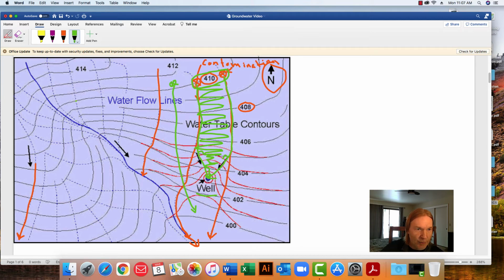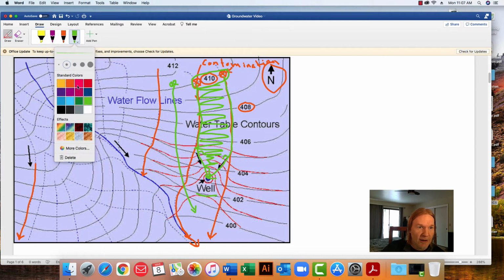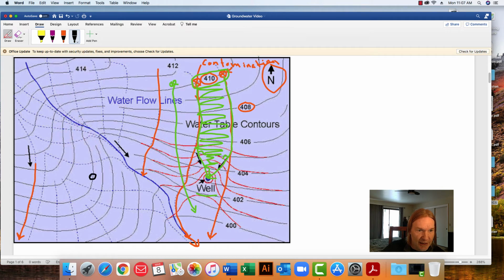So let's look at what this gaining stream right here does. Okay, so I've got a gaining stream going this way, and let's just say I have a well on the downslope side of this. So here is my well.